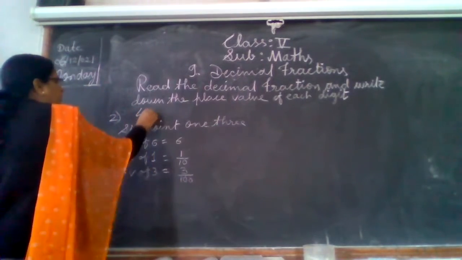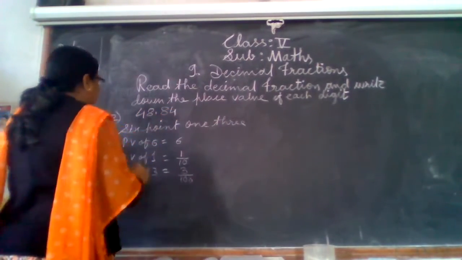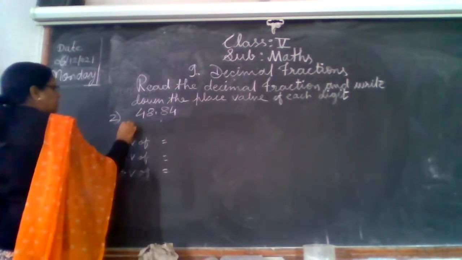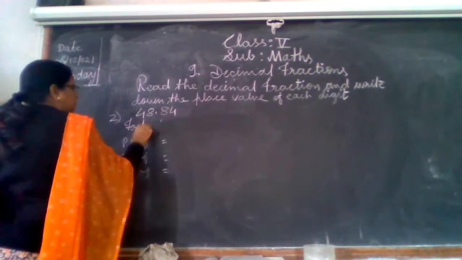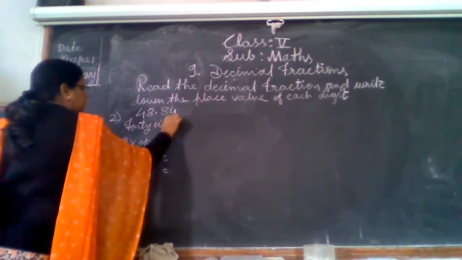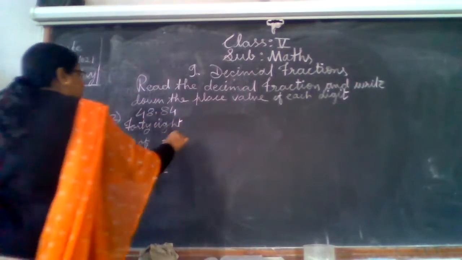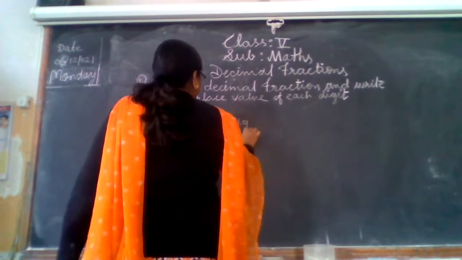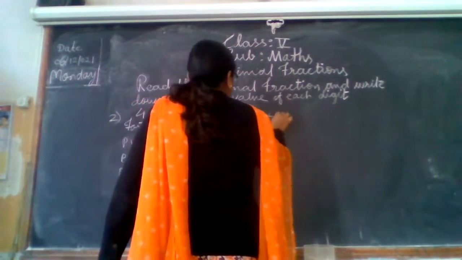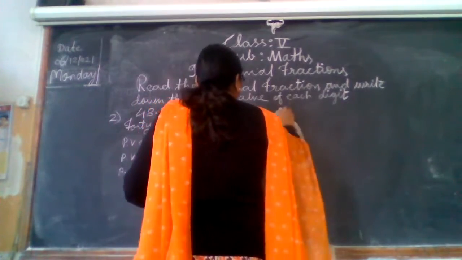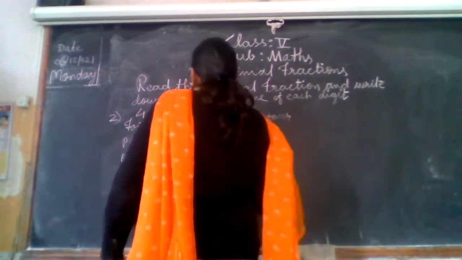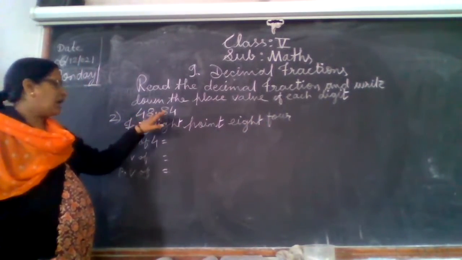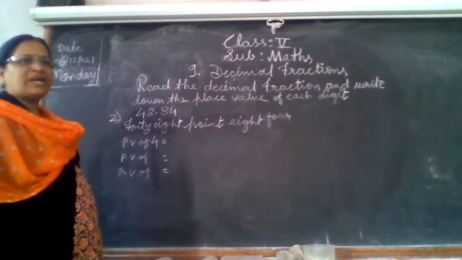48.84. Here PV of 4. See children, this 48 is the whole number and .84 is the fractional part.